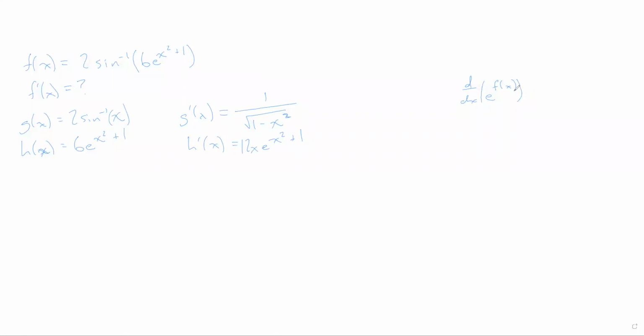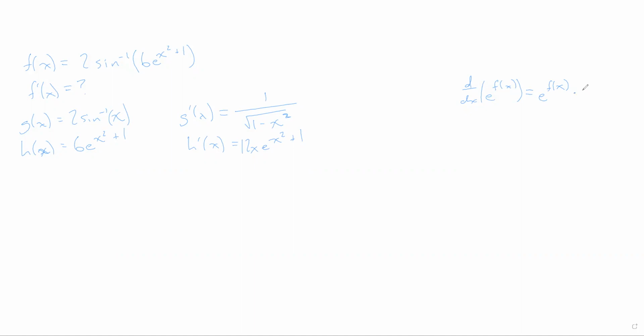If you're going to take a derivative of this e to the f of x thing, one thing we know about the derivative of e to the x, or e to the anything really, is that it's not going to change. Our derivative is not going to be equal to e to the f of x, it's going to contain it.